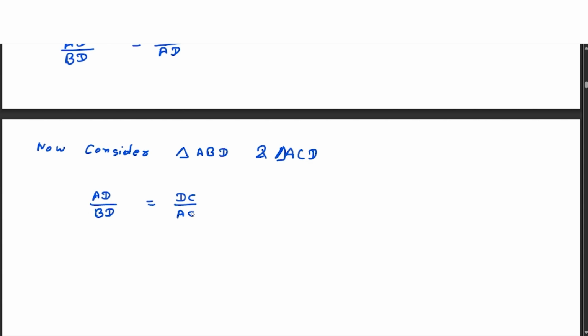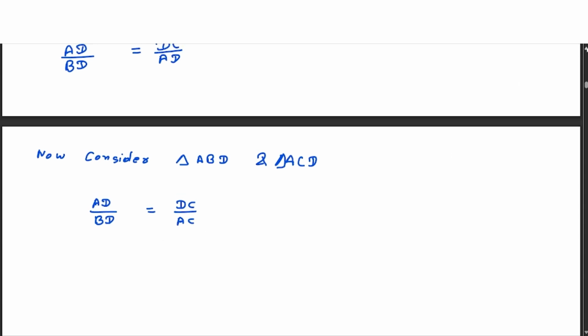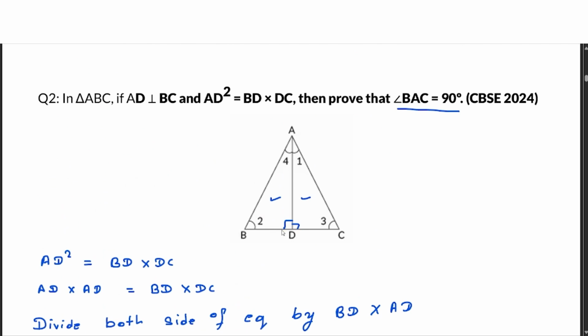One pair of corresponding sides ratio are equal, and also in these two triangles the angles are 90 degree.